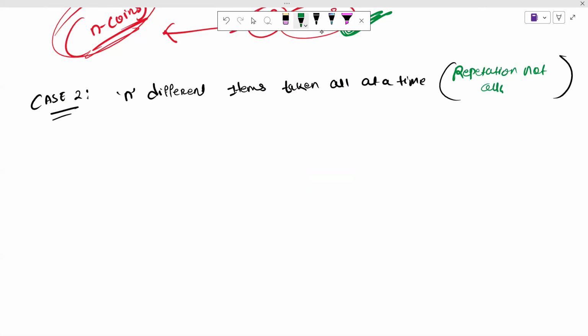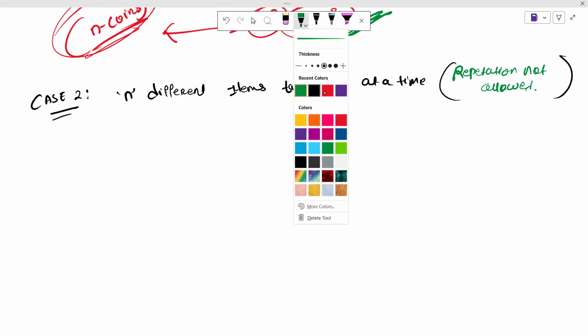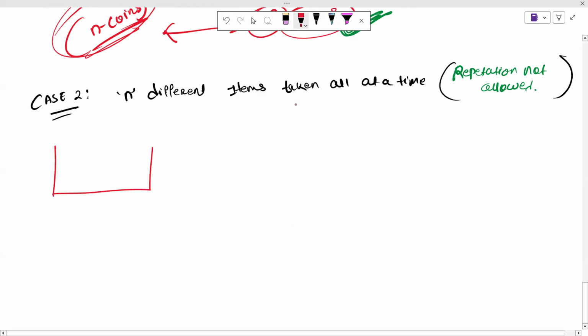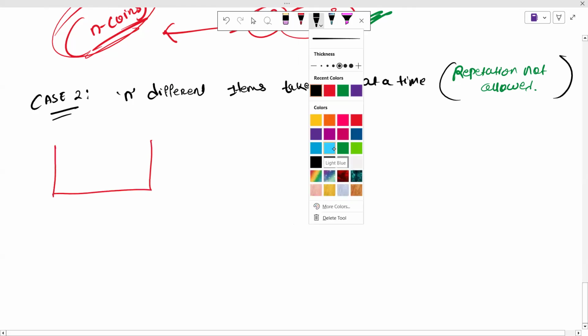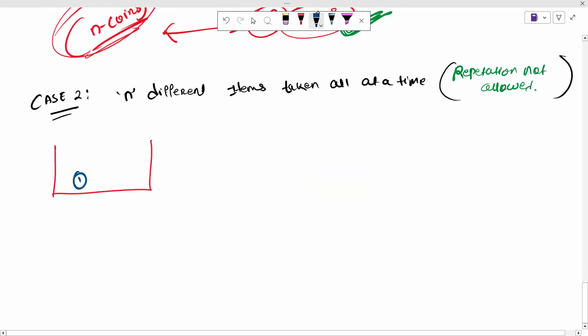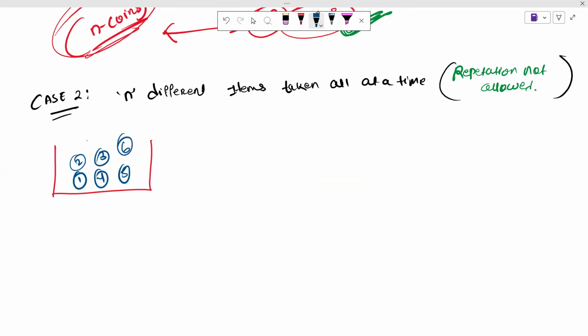So if repetition is not allowed, let's take an example. Assume that there is one box. Inside the box there is 1 ball, 2 ball, 3, 4, 5, 6, 7, 8, 9, 10. 10 balls are there.